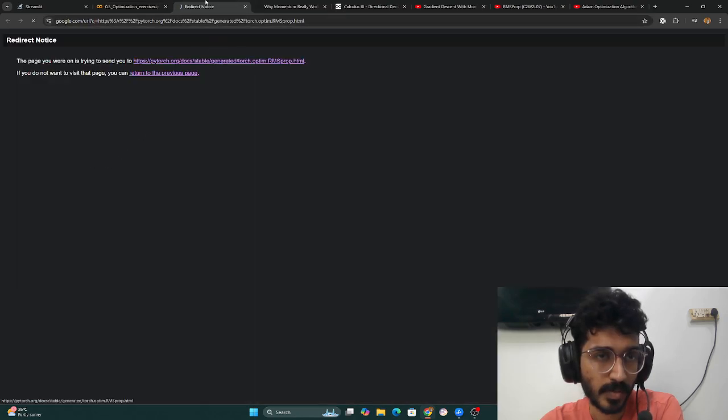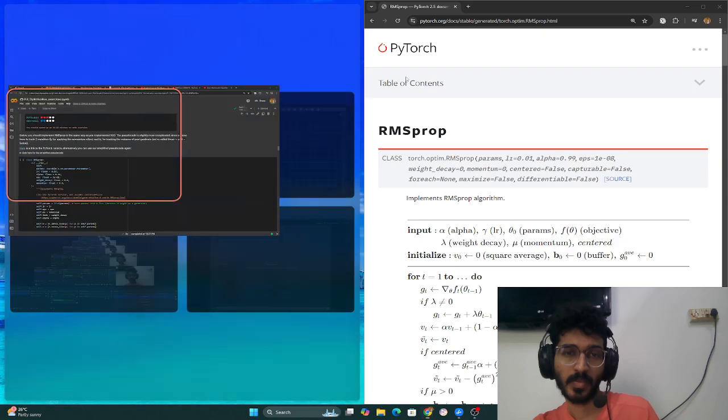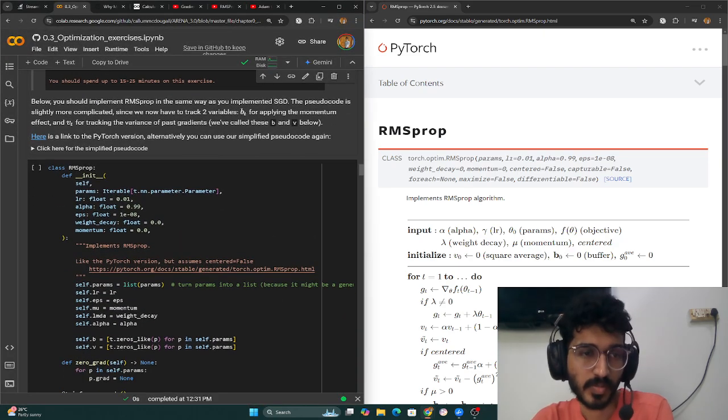I want to see what the PyTorch version is like.